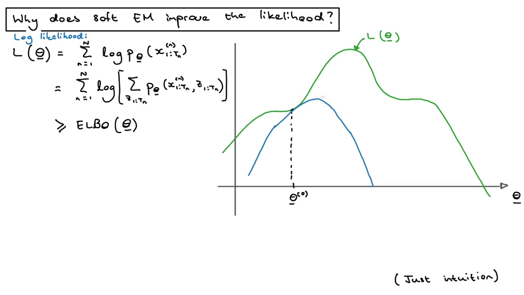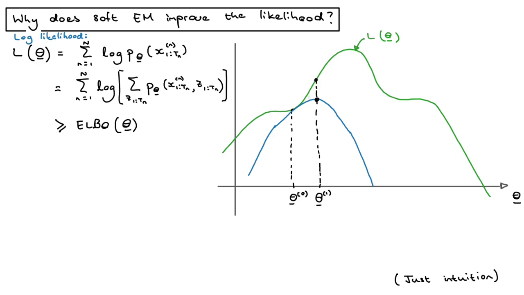Let's run through the algorithm and hopefully that makes sense. E step, we find this lower bound. It's tight there. We maximize that lower bound. That means our new parameter setting would be at the maximum of that blue curve. This would be our new parameter setting, our theta 1, after one iteration. That was the M step. Now we do the E step again, which updates the lower bound to make it tight on our green curve.